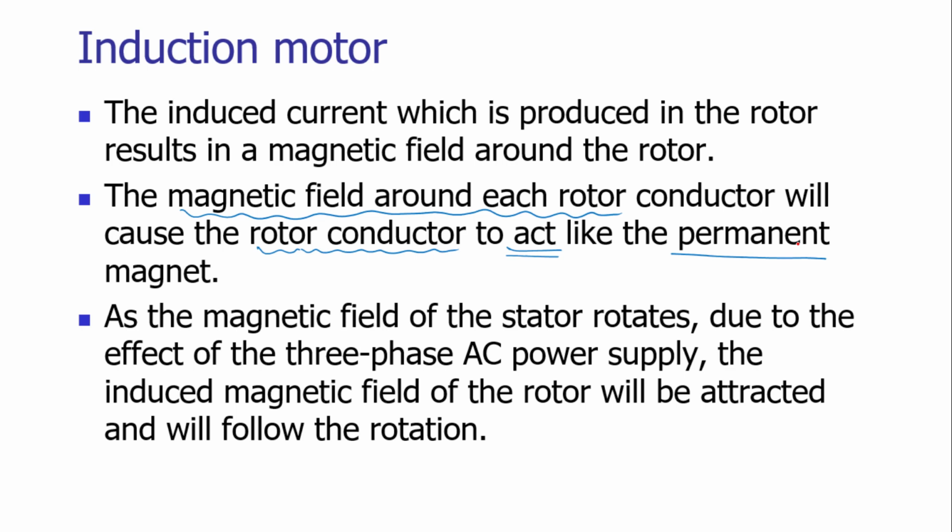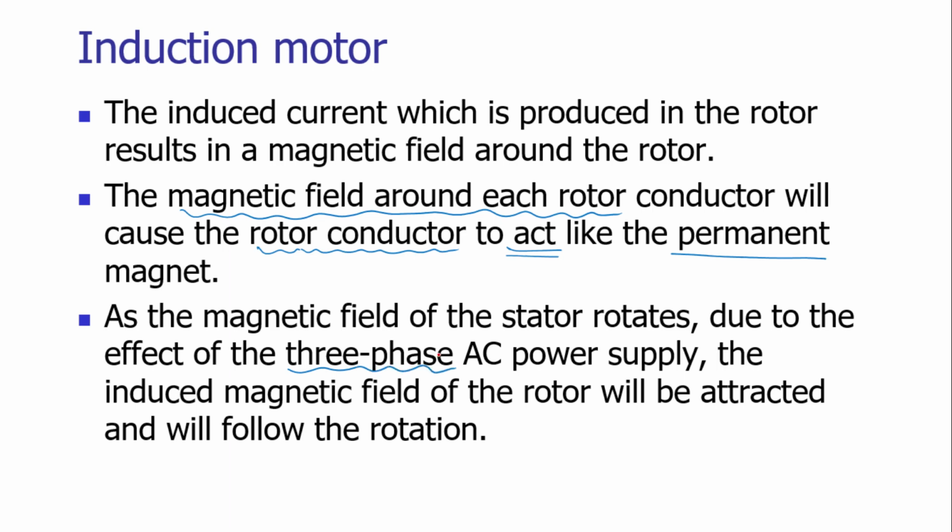So as we have seen in the three-phase power supply, the magnetic field of the stator is rotating, it is moving due to the effect of the three-phase AC power supply.